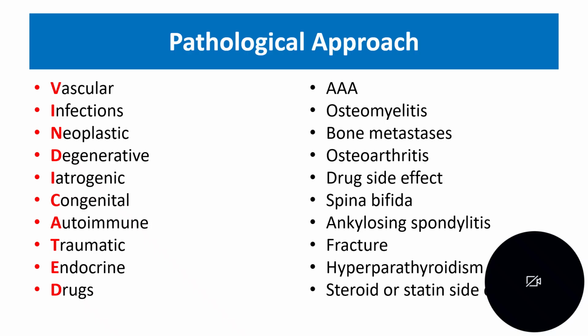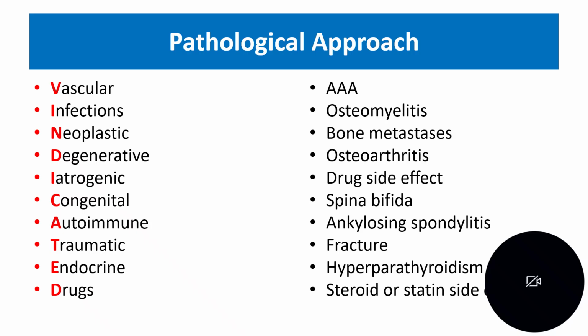Have you sustained a significant injury causing a fracture to some part of your vertebral bones? E is for endocrine, like hyperparathyroidism, which may cause pathological fractures. D is for drugs, in particular statins or steroid side effects can cause low back pain.